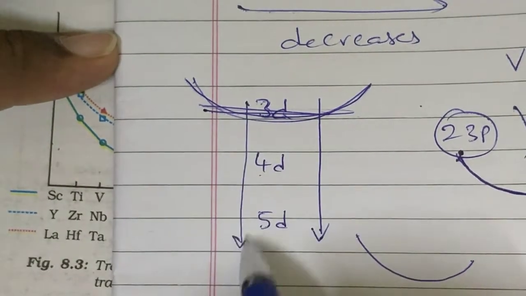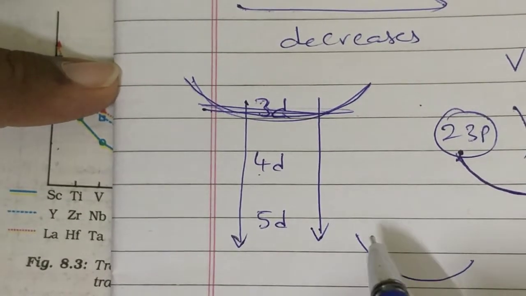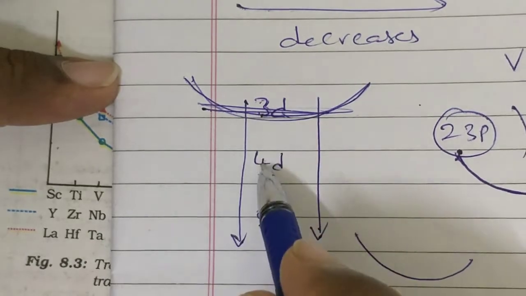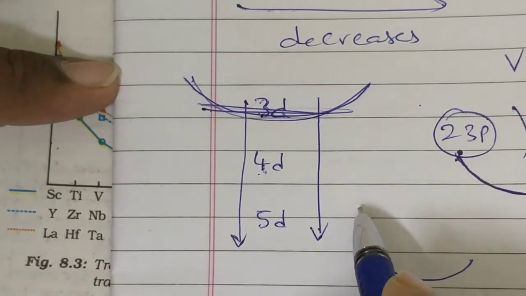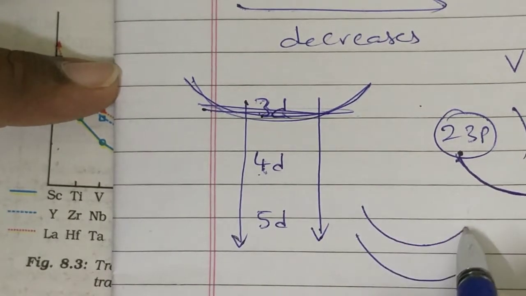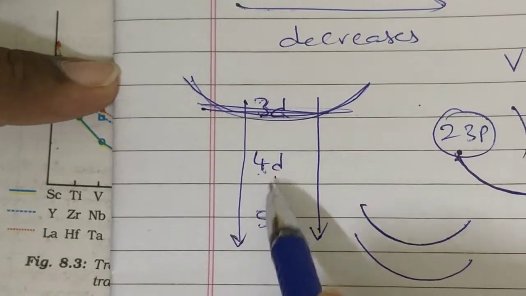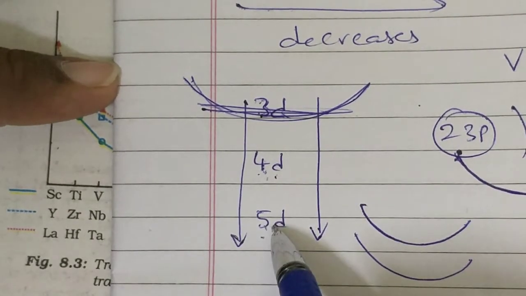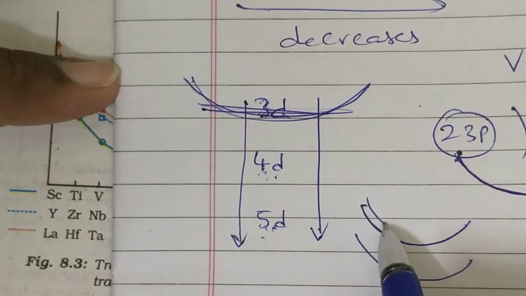Top to bottom, what happened to atomic size? Increases. That is a known thing for us. Is it right? So according to that, coming from 3D to 4D, what happened to atomic size? Increases only. That's why the curve of 4D will be like this. 4D to 5D also increases only, but that increase is very small.